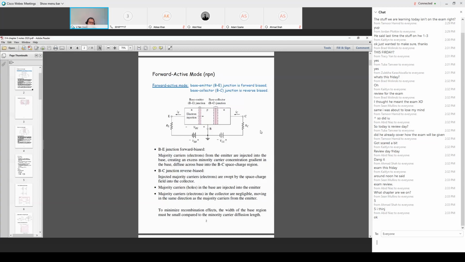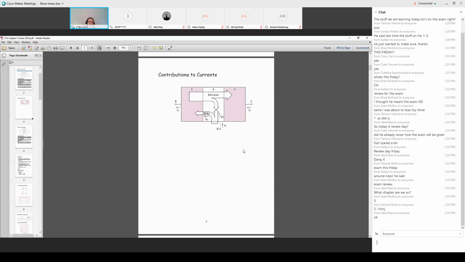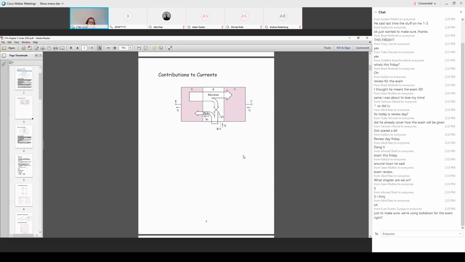So the important thing is, if you want a large collector current, that second junction must be reverse biased. This is the graphic indication. If you want a lot of majority carriers injected from the emitter into the base, the first junction on the left should be forward biased, and if you want these carriers swept to the collector, the second junction must be reverse biased.